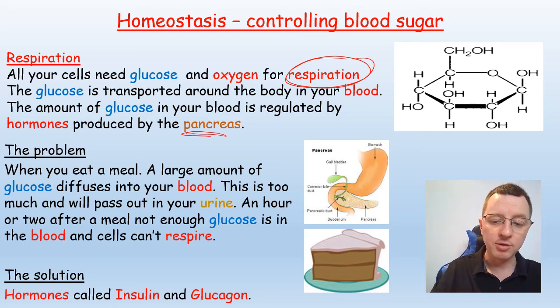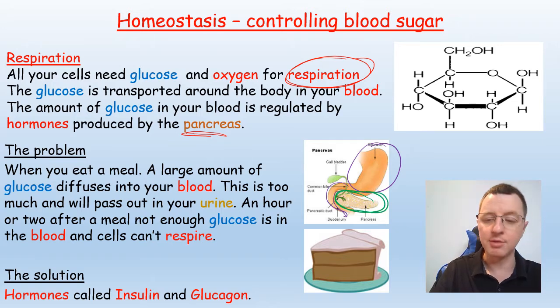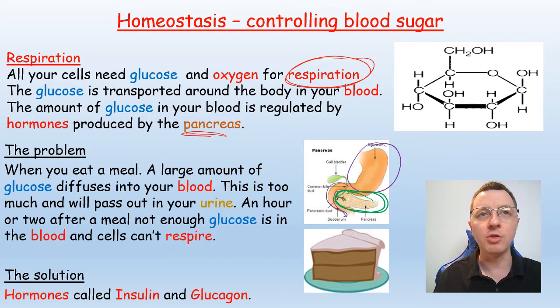Now the pancreas is found just below the stomach here, and there you've got the start of the small intestine, and this organ just off to one side here is the pancreas. The pancreas produces enzymes which are used in digestion, but it will also produce hormones which will control your blood sugar levels. So let's have a think about that in a bit more detail.